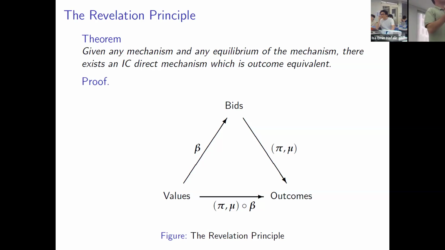The idea is very simple. They have values, and in the indirect game, they can tell me what their bids are, but then these bids will result in some outcomes, and they will do some equilibrium calculations. Let's say I'm fixing a particular Bayesian-Nash equilibrium of this game.